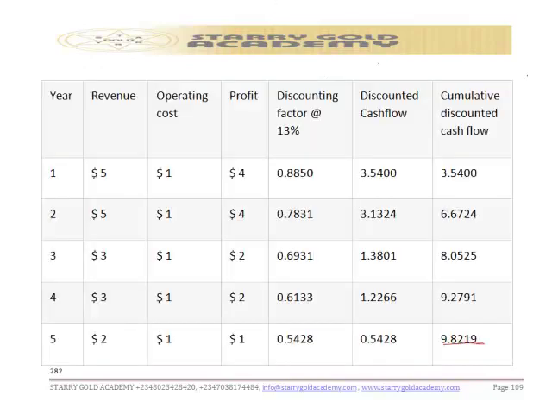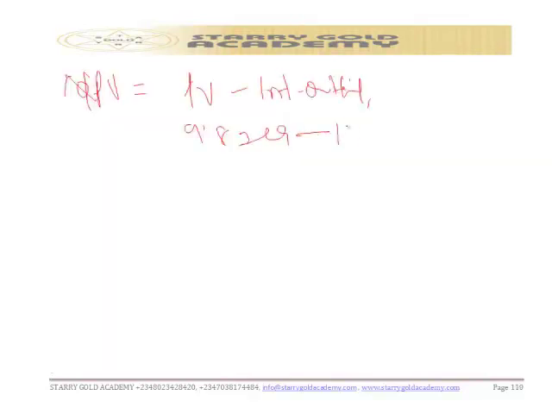Yes, 9.8219 minus 10 million, which is equal to minus 0.8219. So it is negative, or let's use brackets to be in accounting standard. It is negative. So once it's negative, we will now use the trial and error method.